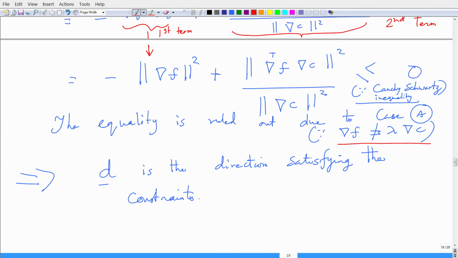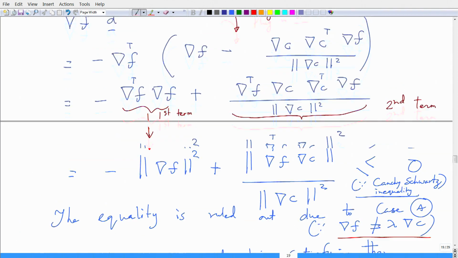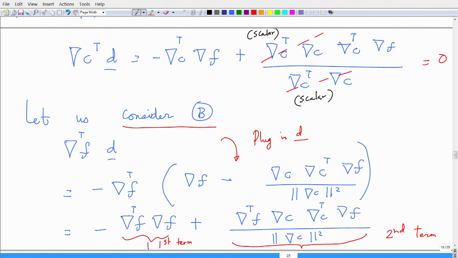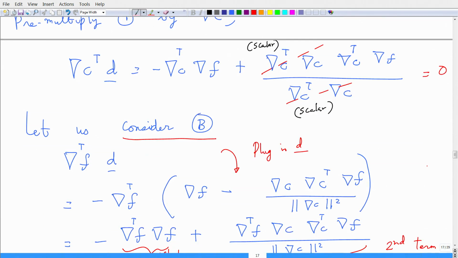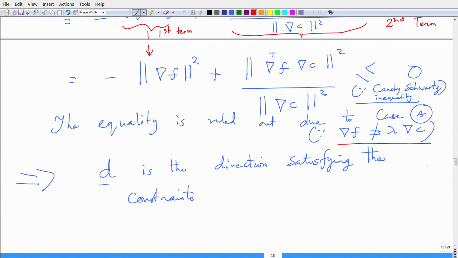At the saddle points del f happens to be lambda del c, and if it is not at the saddle point, you can choose a direction D given by this equation, which is minus identity plus del c times del c transposed upon norm del c square, times del f, by equation 1, and then proceed in that direction with whichever algorithm you are interested in, such as gradient descent, etc., and get towards a point of optimality.